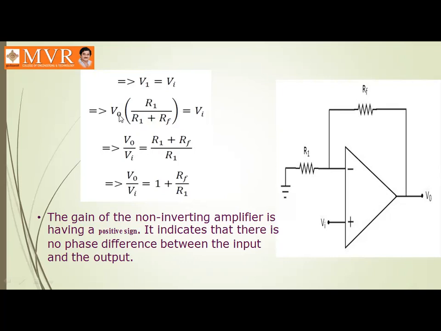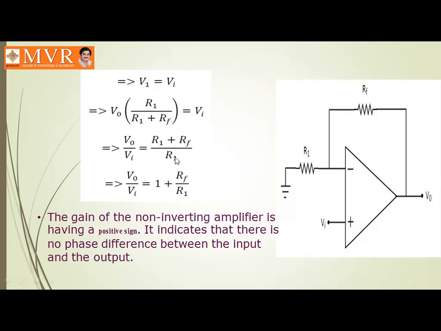Then we bring V naught to this side, or Vi to this side, and the other terms to the right hand side. When Vi comes to the left hand side, it will be in the denominator, and when we bring this equation to the right hand side, the numerator terms will become denominator terms, as well as denominator terms will become numerator terms. You know that.